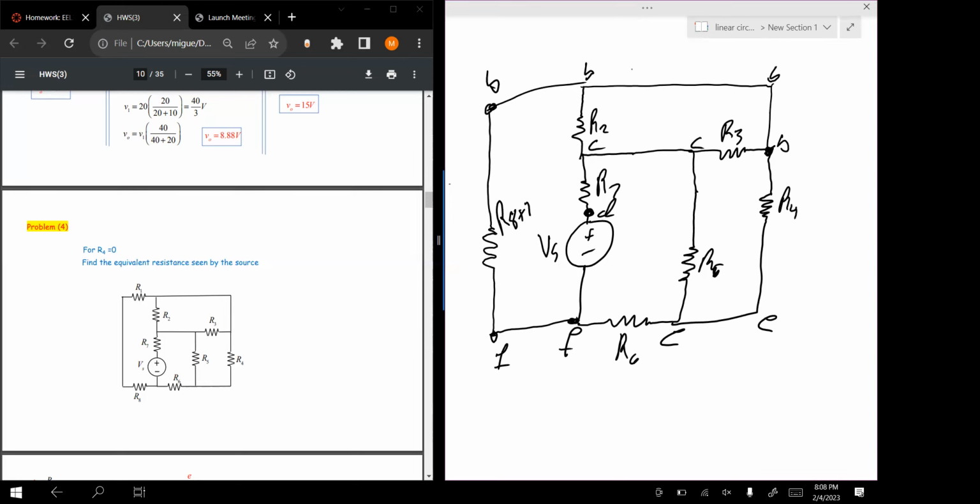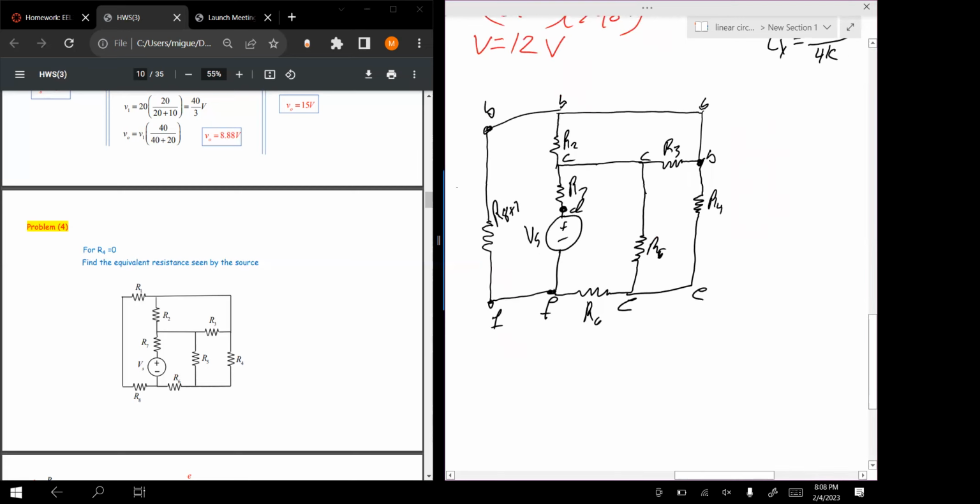So we have B, C, splits. Now, this is my second assumption here. Imagine this: I'm looking at R2 and R3 here.